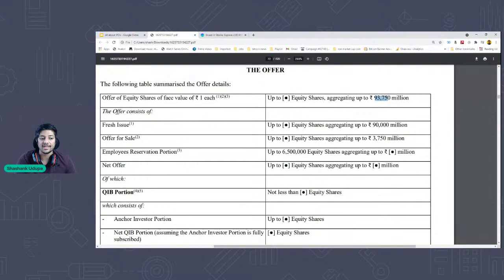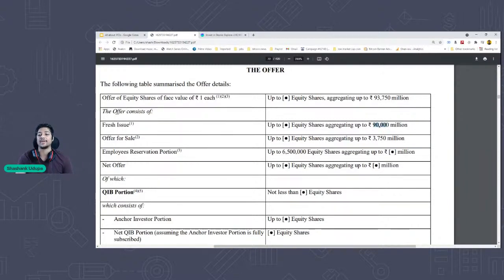Then you have two things I told you. There's fresh issue and there's offer for sale, and this IPO also has something known as an employee reservation portion for its existing employees who want to apply for the Zomato IPO. If you look at the fresh issue, this issue goes directly into the company's bank account, right? So the fresh issue is basically for 9,000 crores.